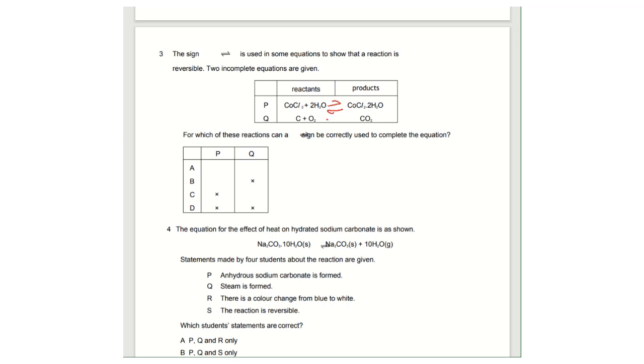This is not a reversible reaction, so in P case this is okay, but for Q this is not. The rest I have made the options. So choice will be A.